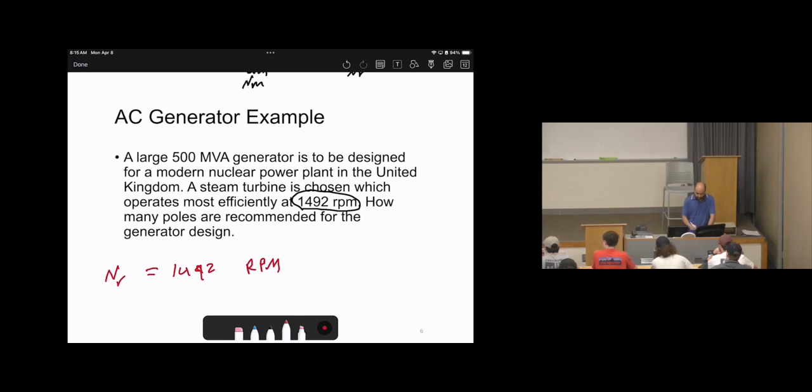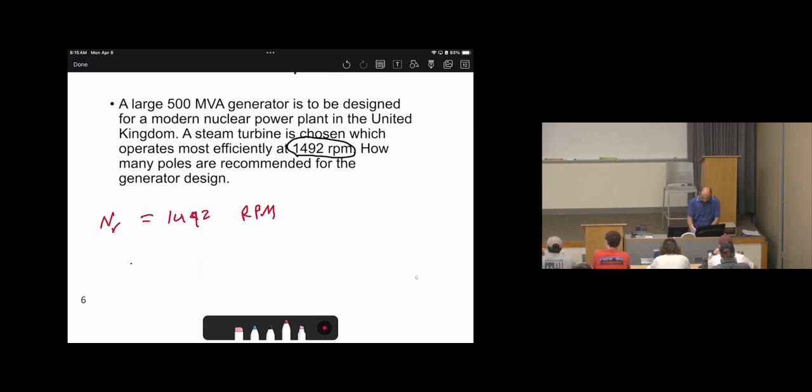We can say nR or nM, whatever. Then we need to find the number of poles. Let's recall the speed equation that relates number of poles and RPM. Since it's in RPM, we have the famous formula, 120F over number of poles, right? We know n, then we can find number of poles if and only if we know F.